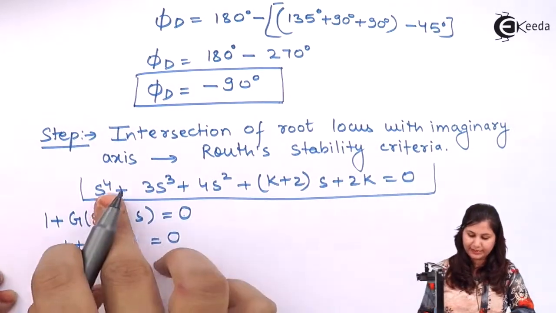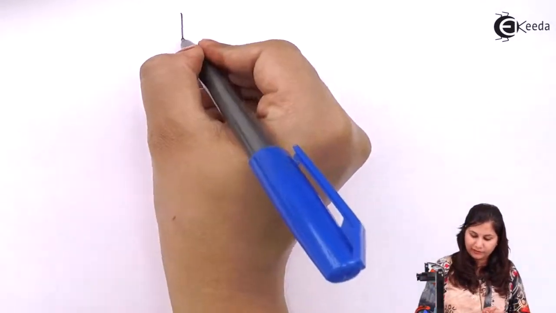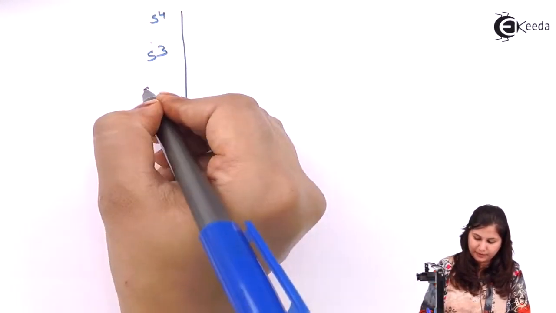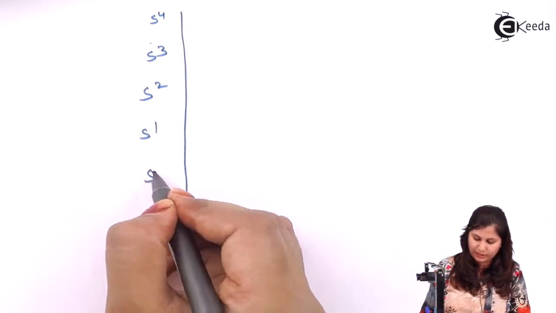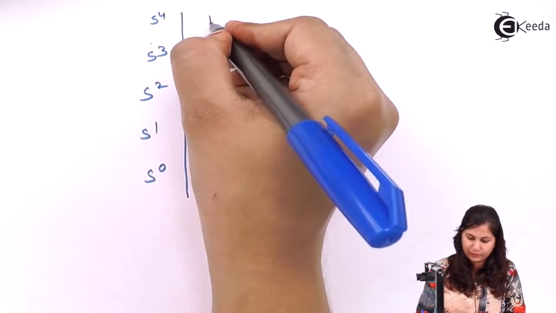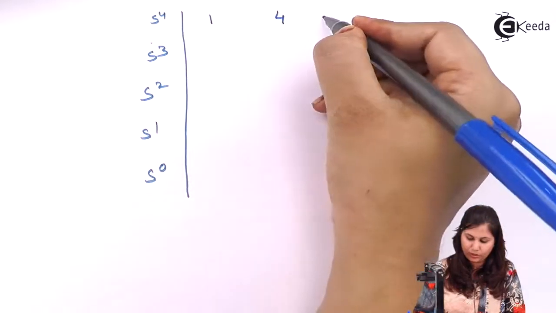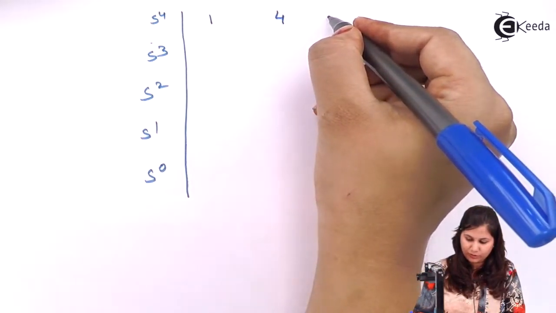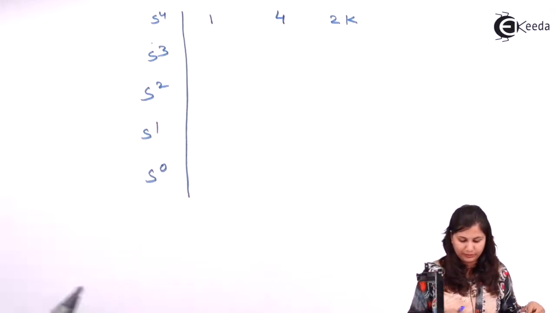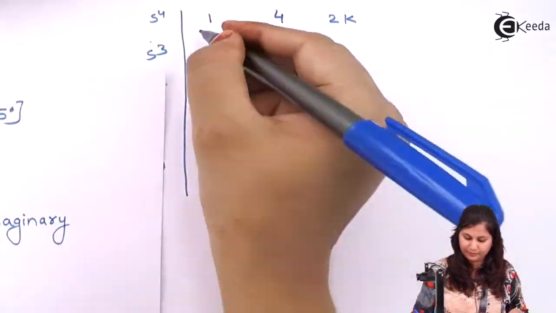Highest power of s is 4. So here we will have s to the power 4, s cube, s square, s to the power 1, and s to the power 0. Coefficient of s to the power 4 is 1, s square is 4, and s to the power 0 is 2k. Coefficient of s cube is 3.